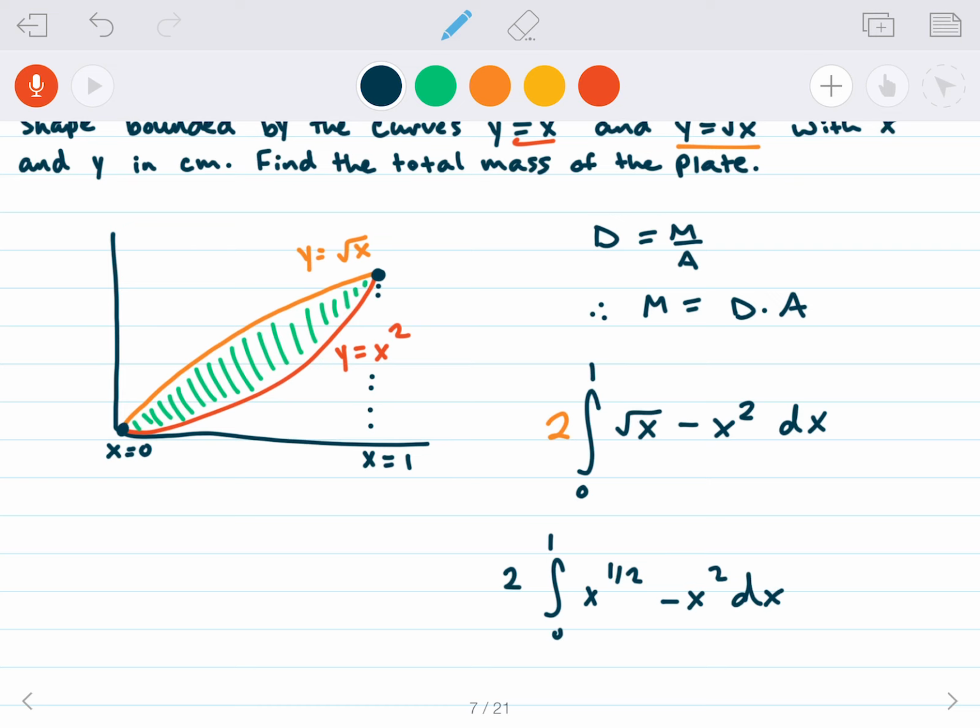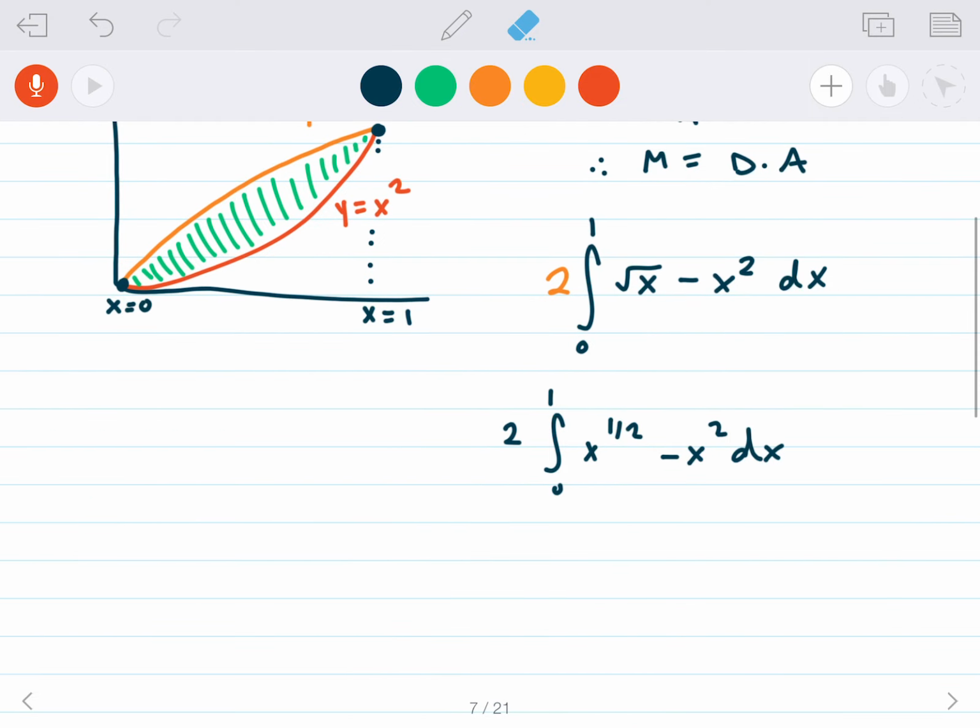So I'll write that there, and then find the antiderivative of this function. The antiderivative of x to the 1/2, if I add 1, is x to the 3/2 divided by 3/2, which is the same thing as multiplying by 2/3.